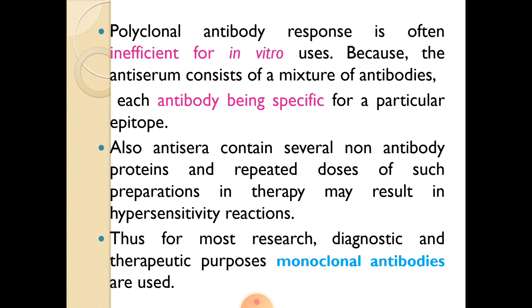At the same time, antisera also contain several non-antibody proteins, and repeated doses of such preparations in therapy may result in hypersensitivity reactions, that is, allergic reactions. Thus, for most research, diagnostic, and therapeutic purposes, we prefer monoclonal antibodies rather than polyclonal antibodies.